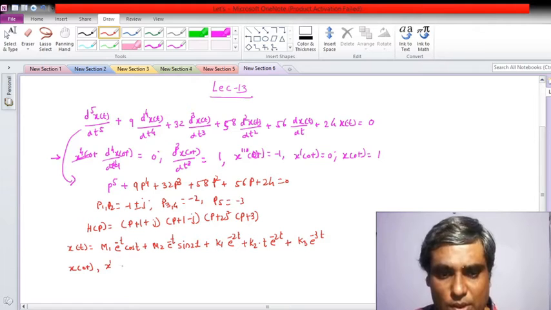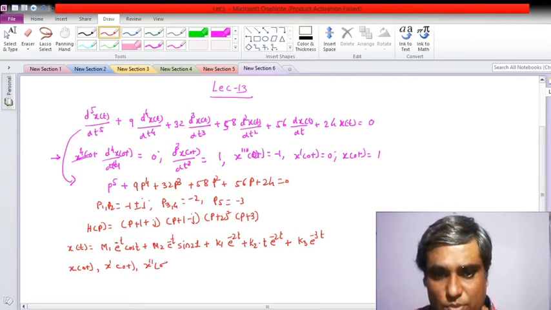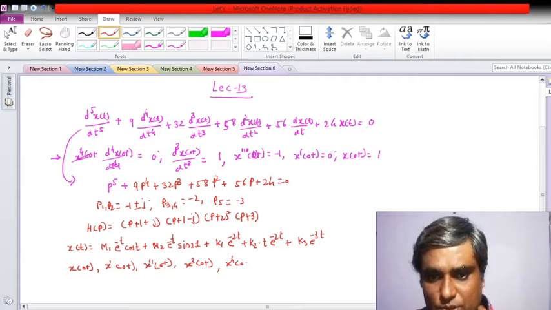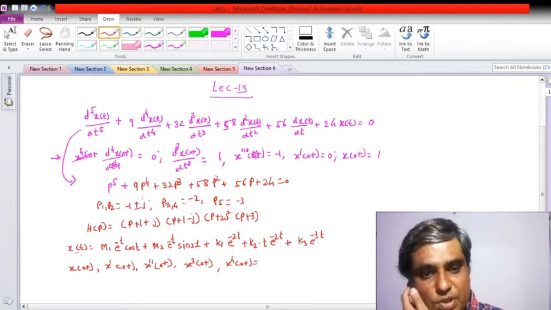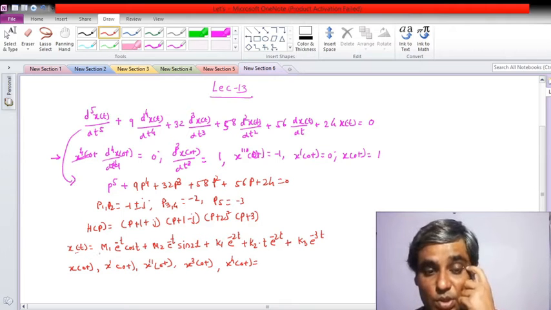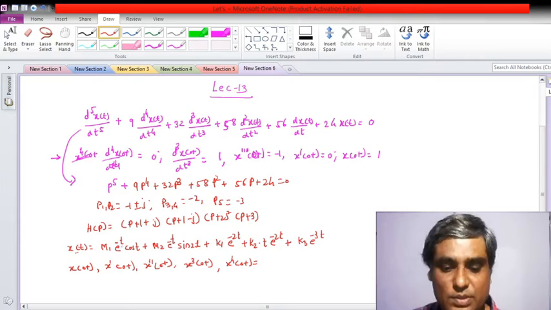And then we can evaluate it at x of 0 positive. You can evaluate at x dash of 0 positive, x double dash of 0 positive, x third dash of 0 positive, and x 4 dash of 0 positive. I mean, you take the first order differentiation, second order, third order, fourth order, and you evaluate at 0 plus, you will get some constants, right?